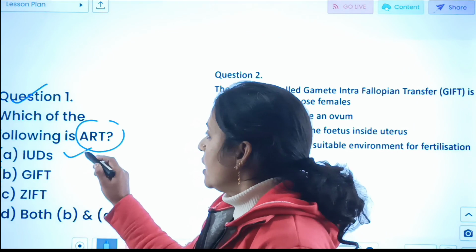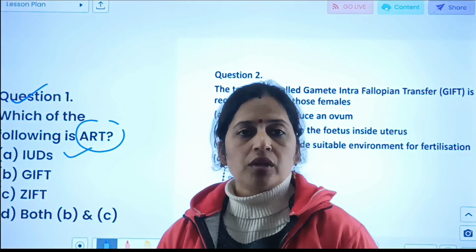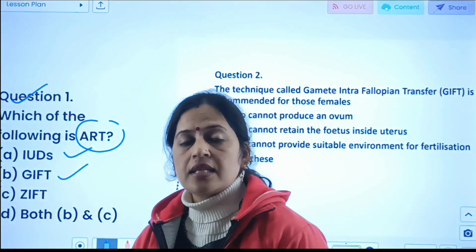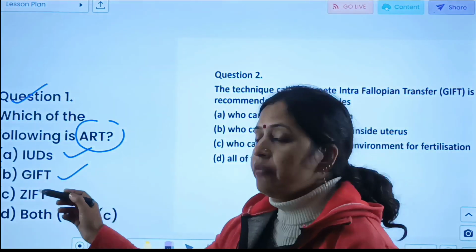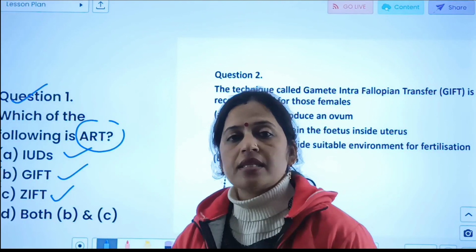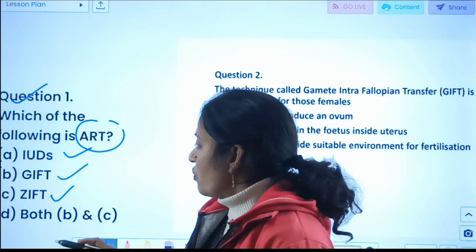Options are: number one is IUDs, that is intrauterine devices. Second one is GIFT, that is gamete intrafallopian transfer. Third one is ZIFT, that is zygote intrafallopian transfer.